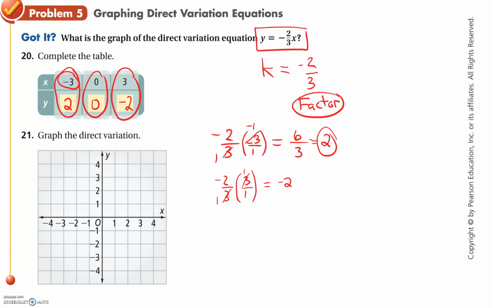So negative 3, 2. Remember, first direction is left or right, and then the y value is up or down, so we go up 2. 0, 0, it's nice, easy. And then over 3, down 2. And we connect those, and we have our graph for the equation of y equals negative 2/3 x.